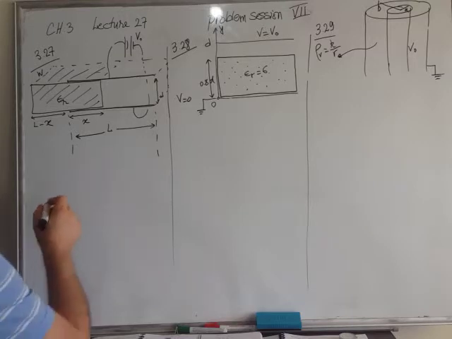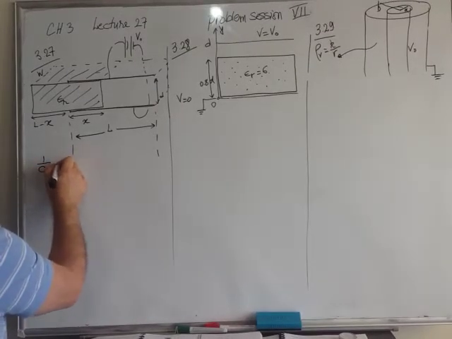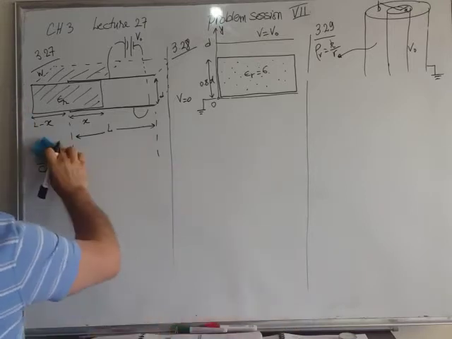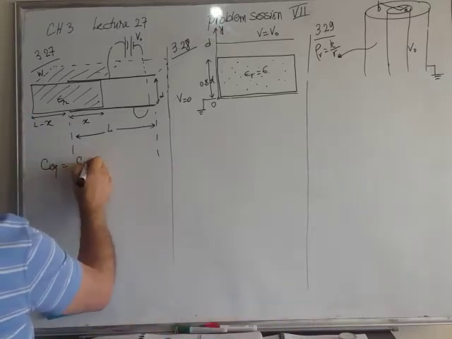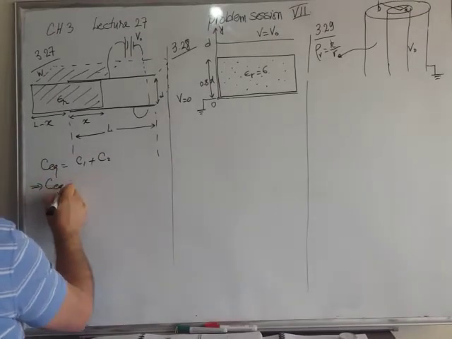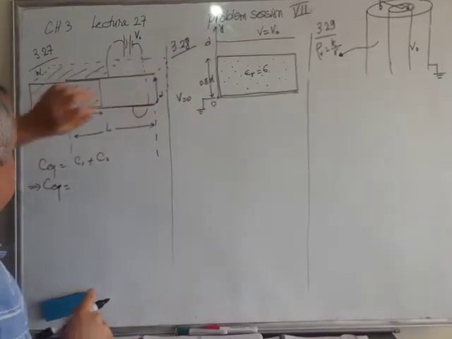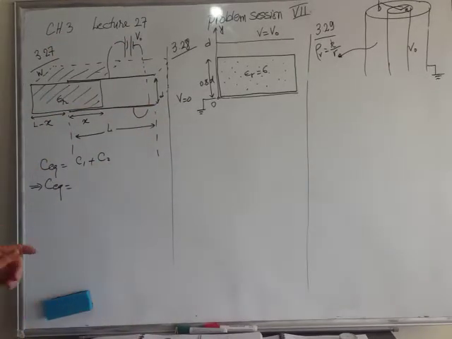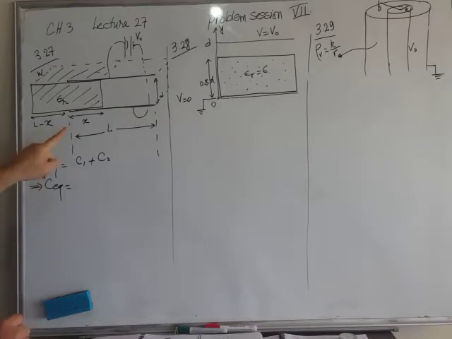And for parallel capacitors, we have C equivalent equals C1 plus C2. Now C equivalent of both capacitors in this region, the dielectric one and the air one: C1 is the capacitance of the dielectric capacitor, which is this one.